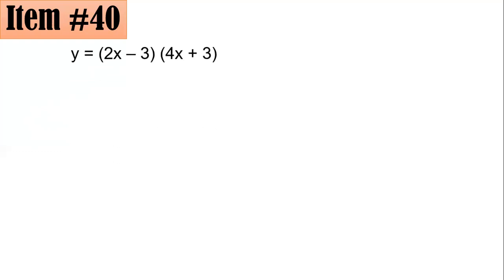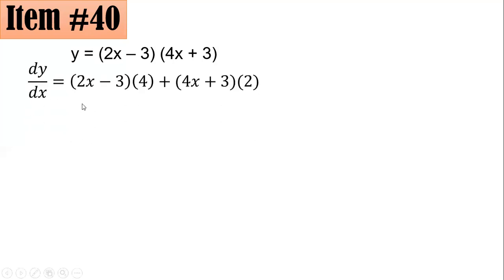The product rule is, if you have the product of two functions, you copy the first function, 2x minus 3, and multiply it with the derivative of the second function. The second function here is 4x plus 3, and its derivative is 4. That's why I have here 4 multiplied to 2x minus 3.